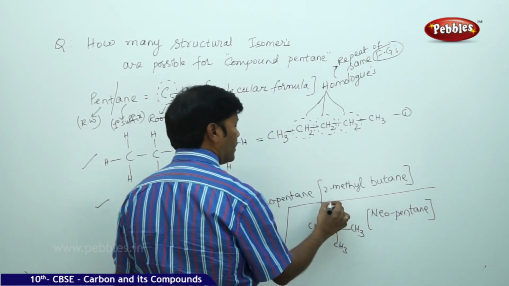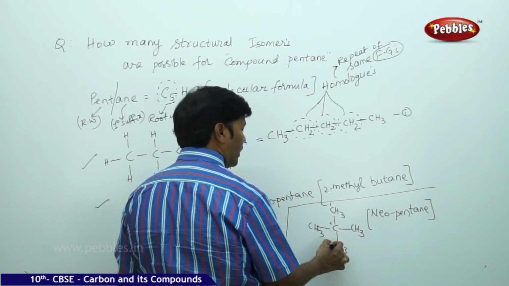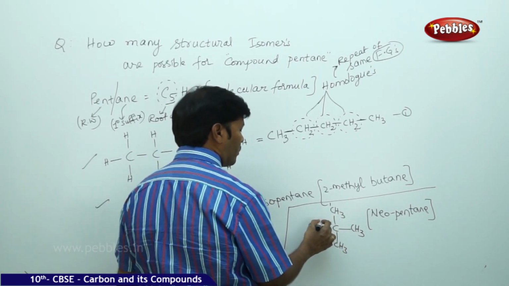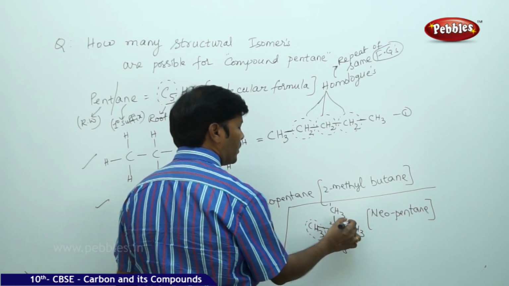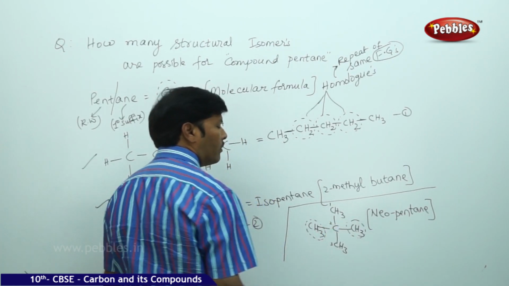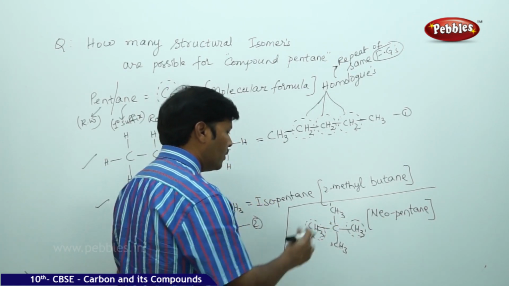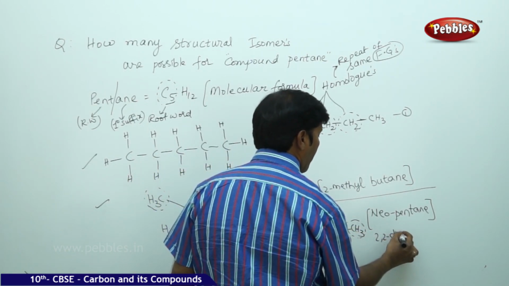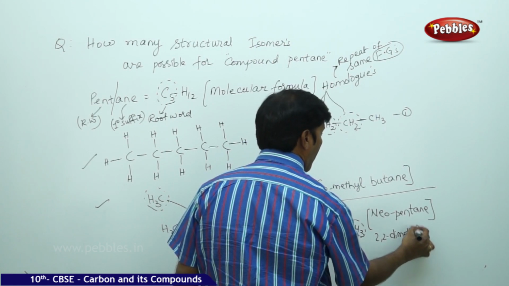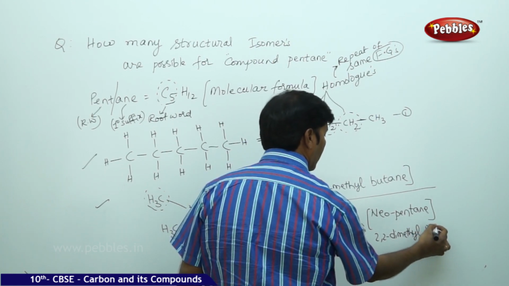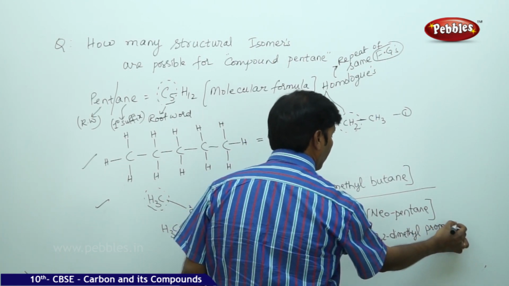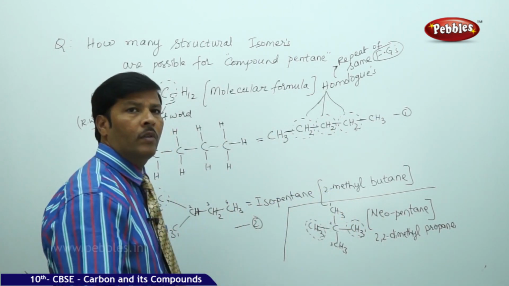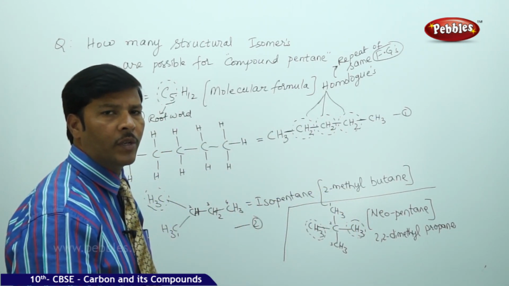Write the IUPAC name, 1, 2, and 3. On the second carbon there are 2 methyl groups, here 1 methyl group, and here also 1 methyl group. So therefore 2,2 dimethyl propane is the IUPAC name.